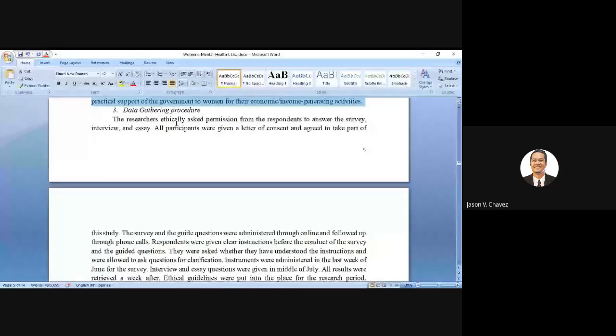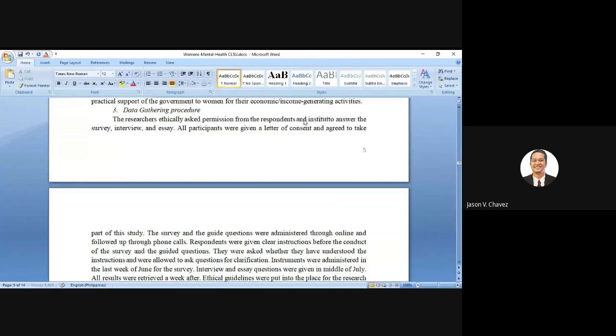Okay. Data gathering procedure. So the researchers ethically ask permission from the respondents to answer the survey, interview, and essay. If it's quali-quanti, huh? So if it's only survey, then it's only survey. And there are some instances that you need to ask permission from the respondents and institutions.